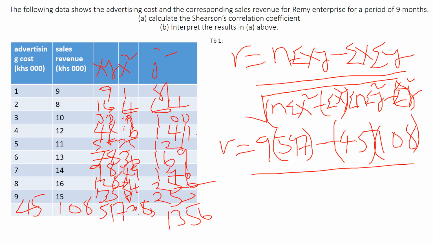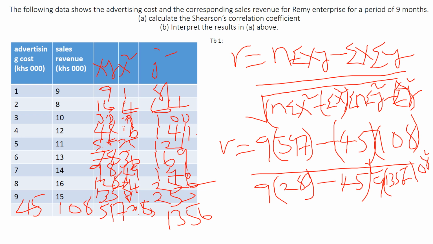Then we divide by the square root of 9 multiplied by the x squared total, which is 285, minus 45 squared, and then this one we multiply by 9 multiplied by 1356, minus 108 squared.